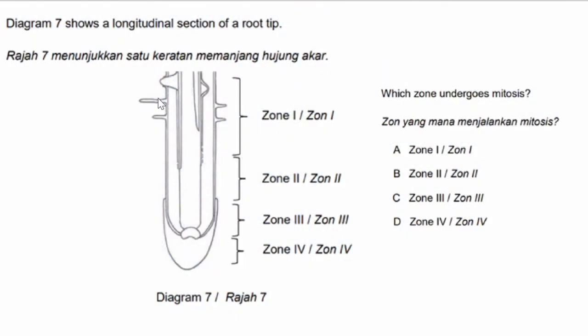First question, diagram 7 shows the longitudinal section of a root tip. This is a root tip. Which zone undergoes mitosis? First of all, let's label each and every one of the zones. The zone on the top is the zone of cell differentiation.